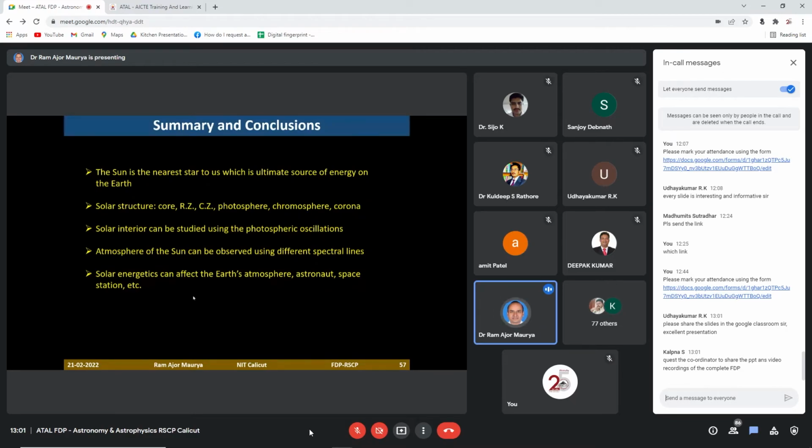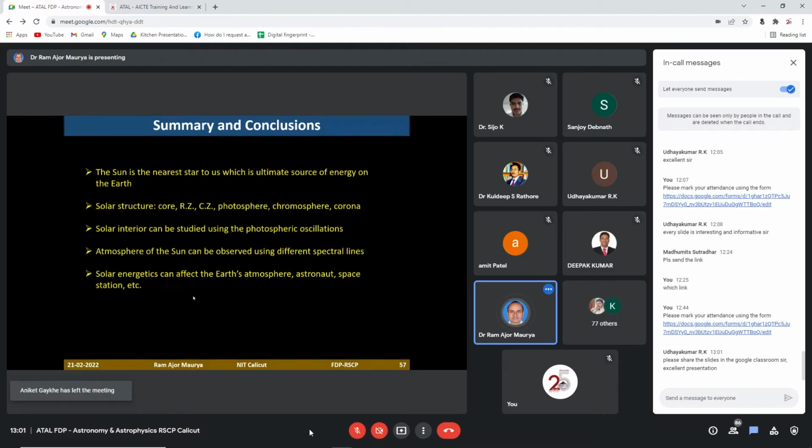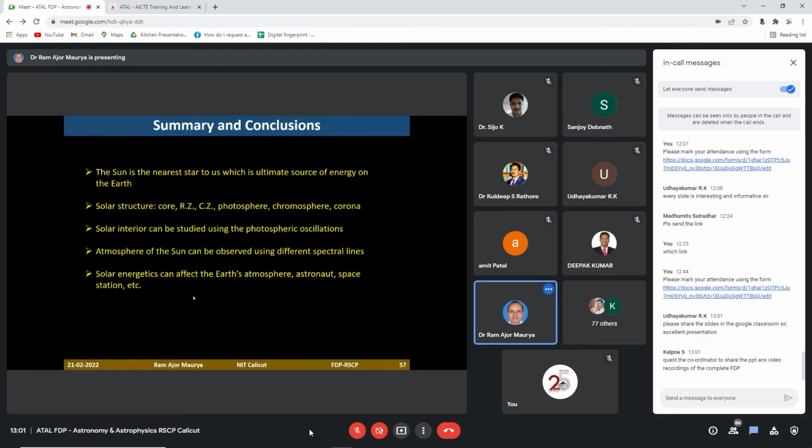Here we have calcium, then nickel in the photosphere, and the G band. In the chromosphere we have H alpha and calcium spectral lines. In the transition region we have helium 2, and when you go to the corona you will have iron ions. So by observing these spectral lines, one can observe different layers of the sun.